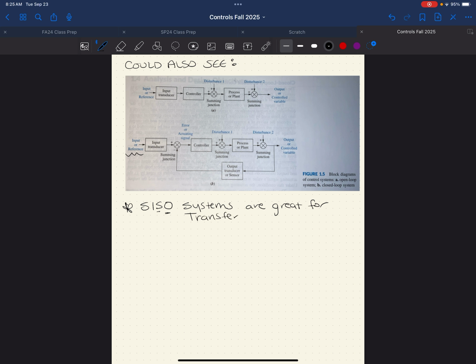My question is, can you do a MIMO system with transfer functions? Sorry, let's write that more clearly. MIMO system with a transfer function?